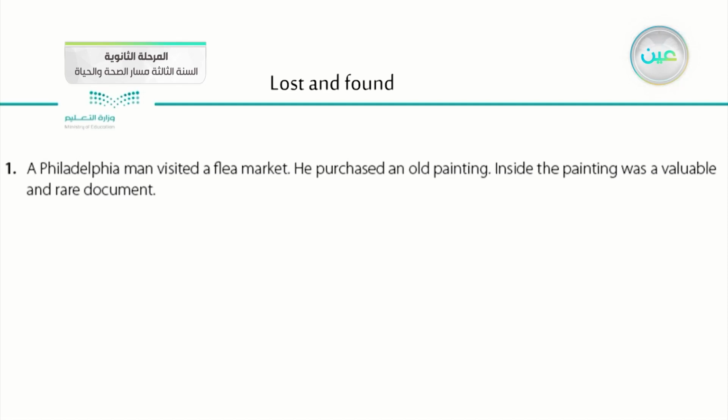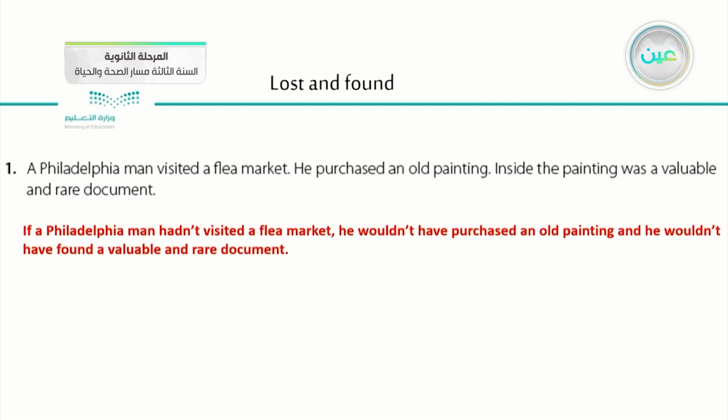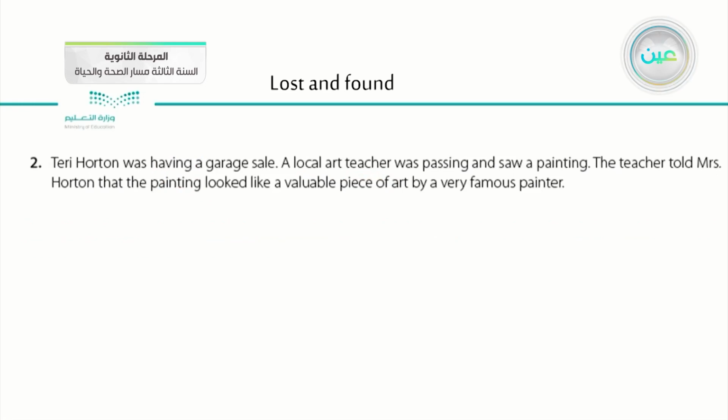We say, if a Philadelphia man hadn't visited a flea market, he wouldn't have purchased an old painting and he wouldn't have found a valuable and rare document. Okay, we will do the same with this sentence.